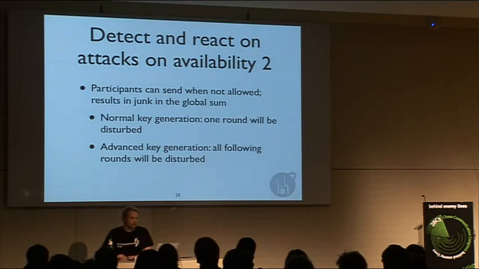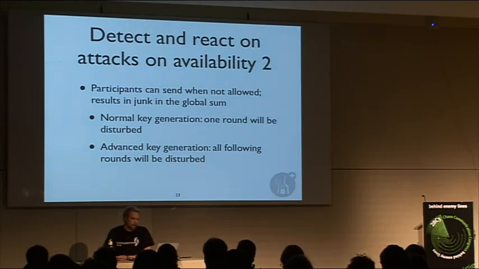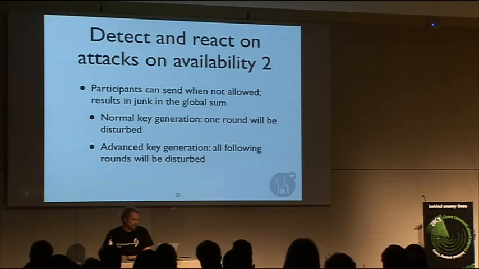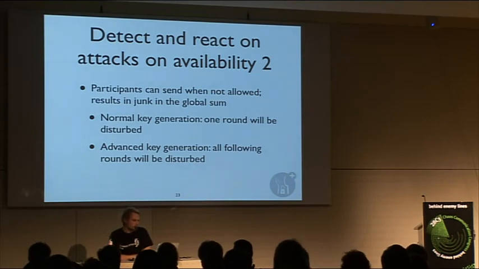As I just stated, this will cause junk in the global sums. If we have normal DC keys, like in the animation that you just saw, then just one round is disturbed. But if you use those advanced key generation mechanisms, the following rounds will be disturbed as well.